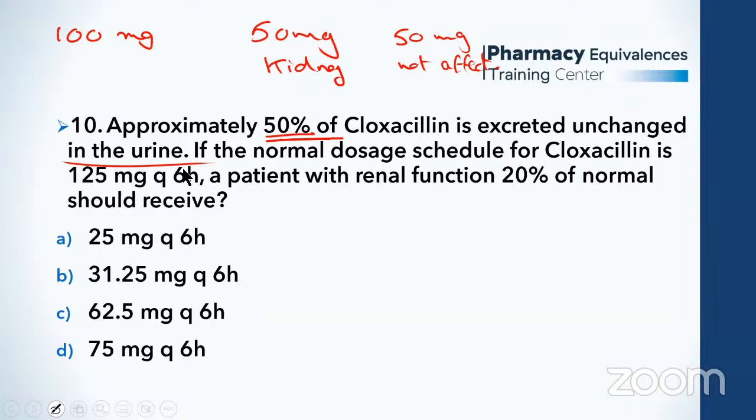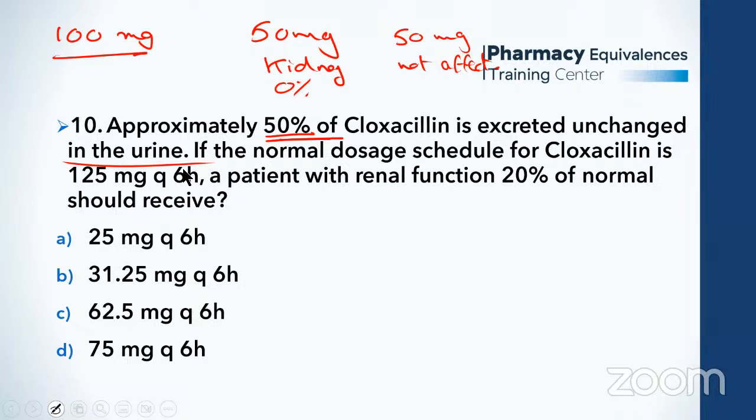So if the kidney is 0% active, a complete kidney failure, of the 100 milligrams only 50 milligrams will be excreted from the body. The other 50 milligrams will remain in the body due to the failure of the kidney. So the kidney affects only 50% of the amount of the drug in the blood.